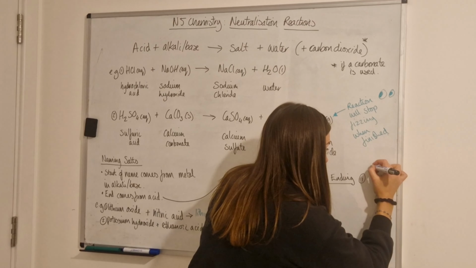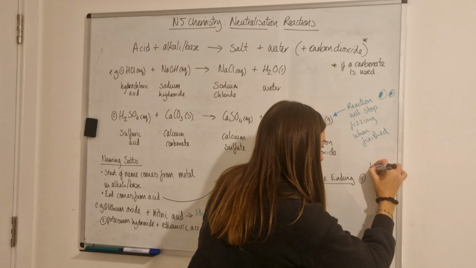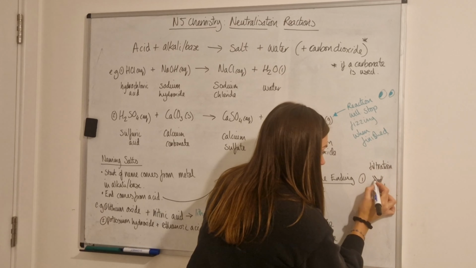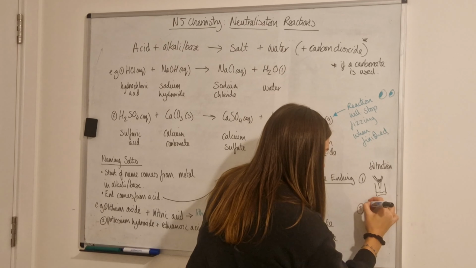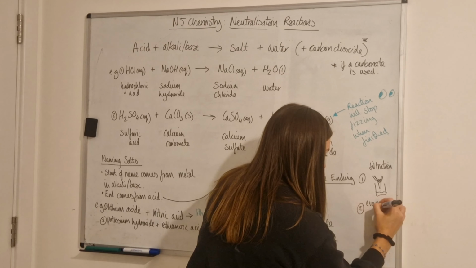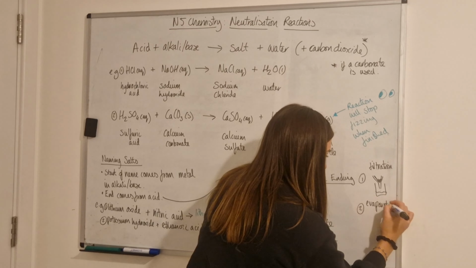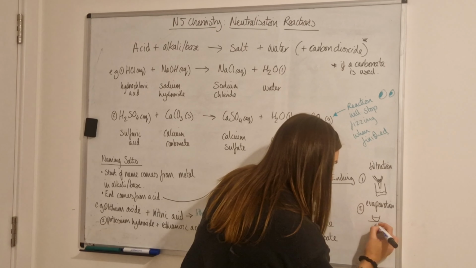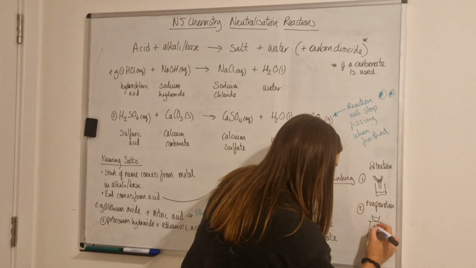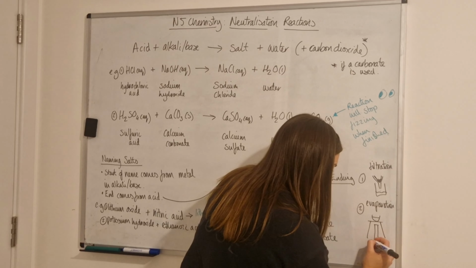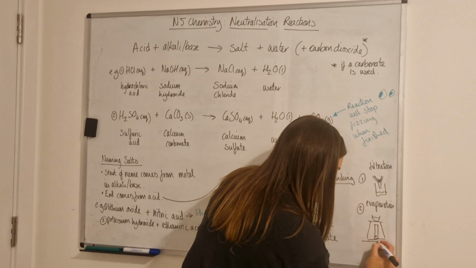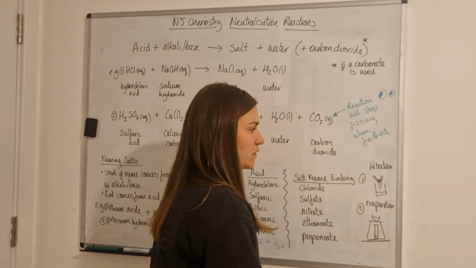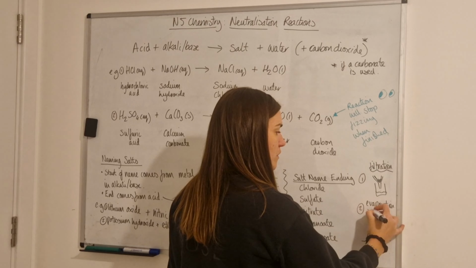So that would be filtration. And then the second step is evaporation. For that you use a wee evaporating dish with your salt solution in it. That goes on a tripod which is above a Bunsen burner, and that then heats off the water and eventually gives you your dry sample of your salt.